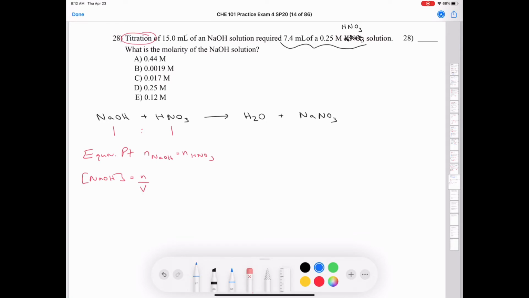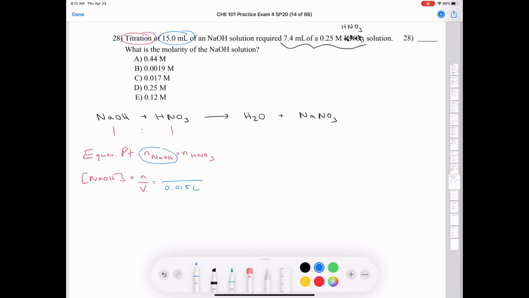Now, we already have the volume of sodium hydroxide. It's given to us. It's 15 milliliters. I'm just going to convert that into liters in my head. So that would be 0.015 liters. And therefore, what we're really solving for in this problem is the number of moles of sodium hydroxide. We need to have that number to put in the numerator.